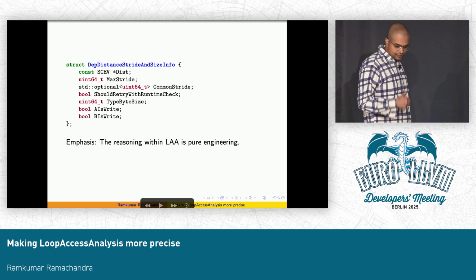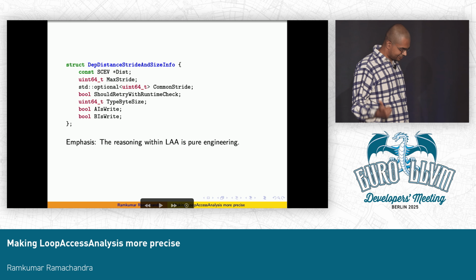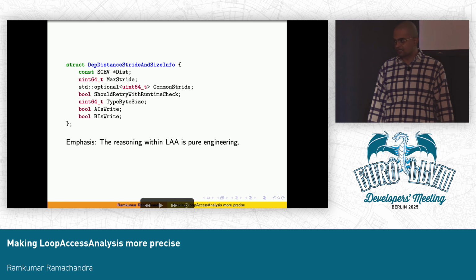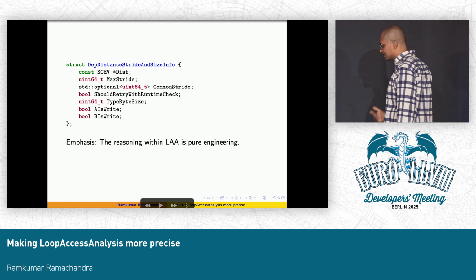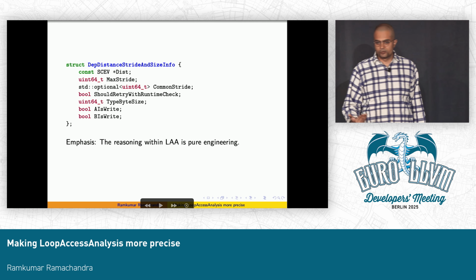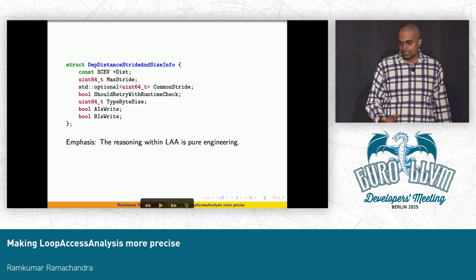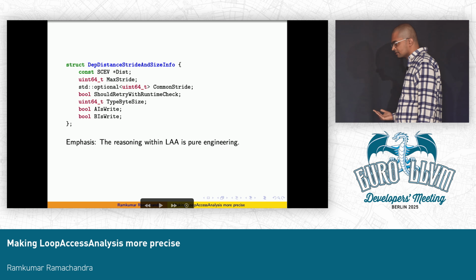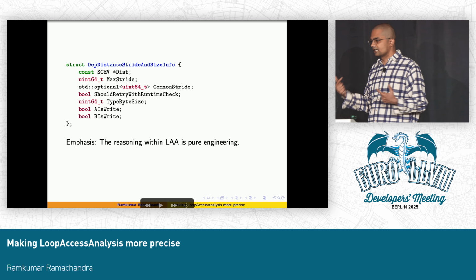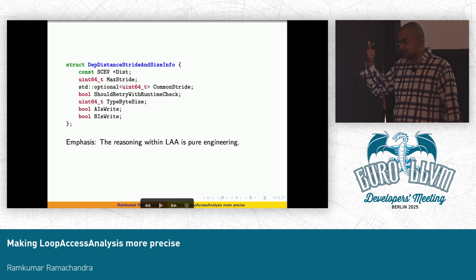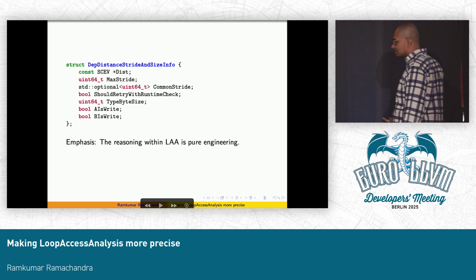So this is the very illustrative structure. This is what it internally uses to communicate what information it has dug out in terms of its analysis. There is a dependence distance, which is basically, if it's IV minus 1 and IV, it's 1, or something multiplied by the type byte size, which is, if it's an int star, then the int star size times 1.